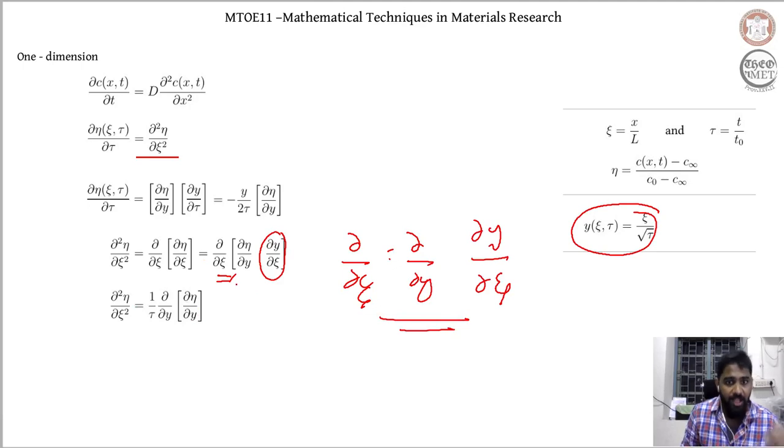Basically I'm expanding the change with respect to this spatial variable twice, once within the bracket and another time for this. When I use the chain rule and replace my psi with y, I end up with an expression like this for the right hand side of my PDE.